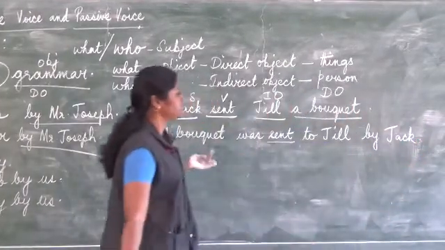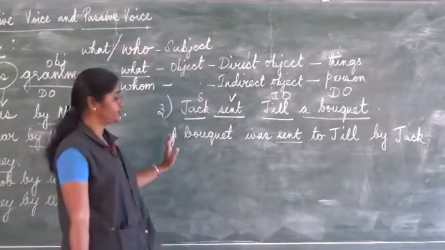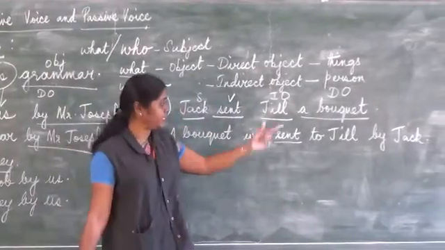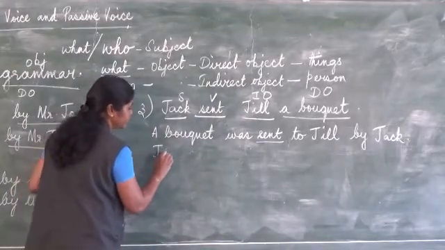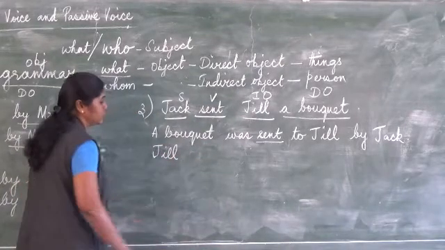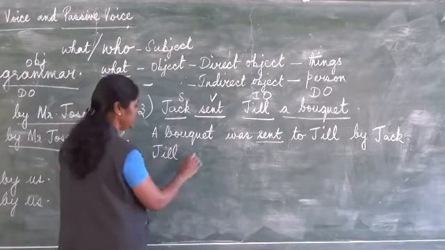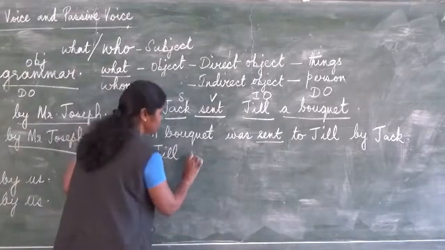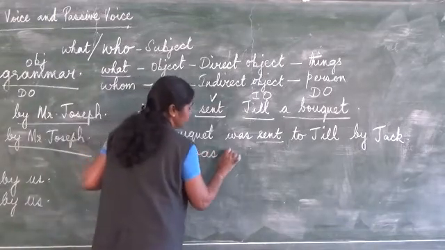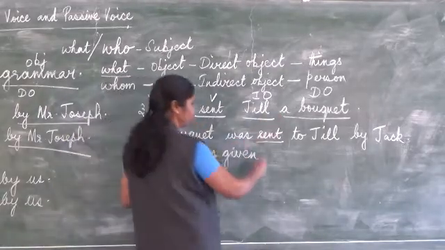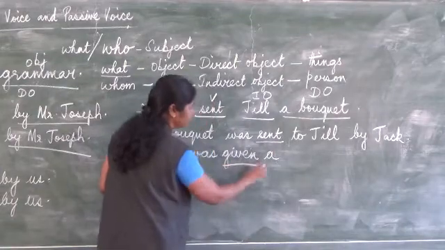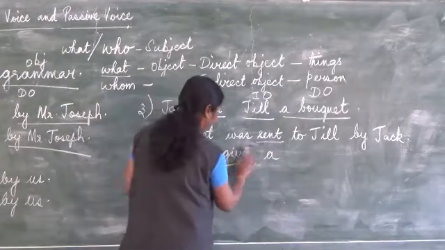Now for the second answer, you have to begin with the other object. The other object is the indirect object, so you bring that indirect object to the front. Jill. Again Jill is singular, so again we are using only was. Jill was given. What was given to Jill? Jill was given a bouquet. See, not given, sent, no?